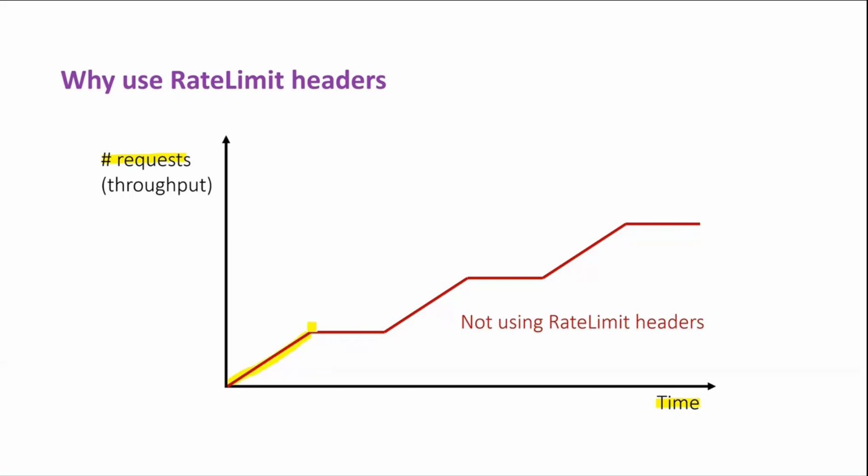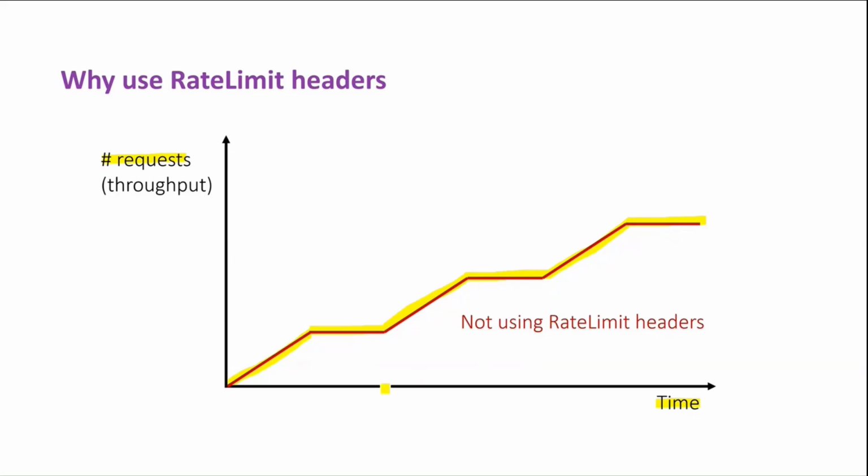At a certain point, you get throttled, and then you get more like a flat line. Your application gets fully throttled, and it has to wait until all the throttles expire, and you're good to go again, and then you see this ramping up again, flat line, ramping up, flat line. So you really get those stops in the application.